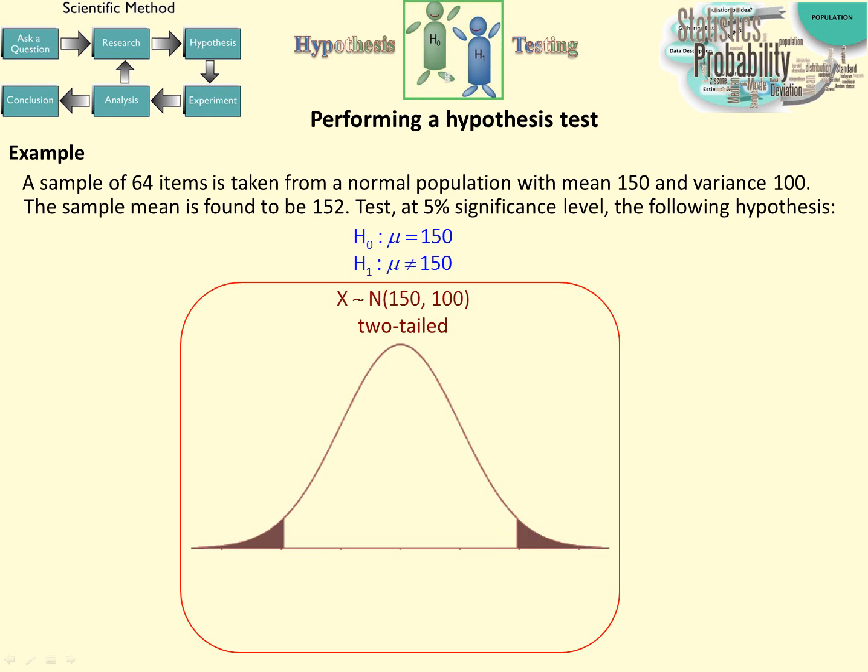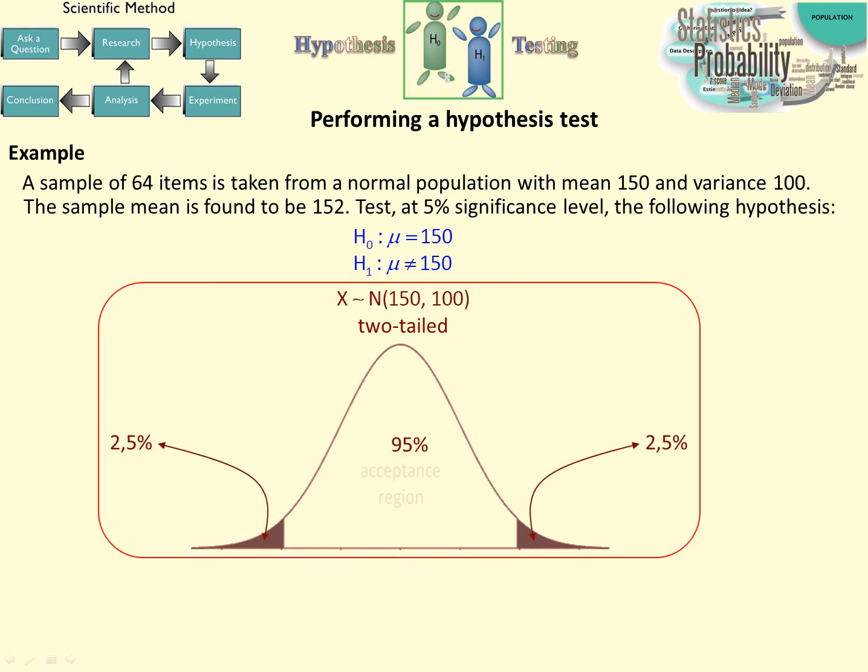We need the Z-score. Notice Z 97.5 is 1.96.